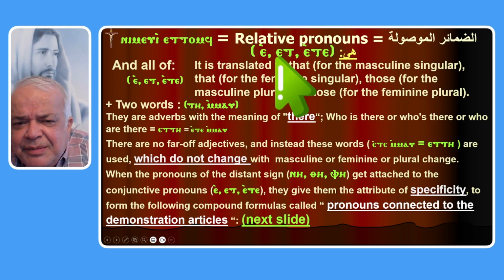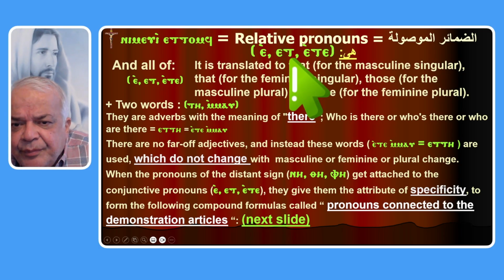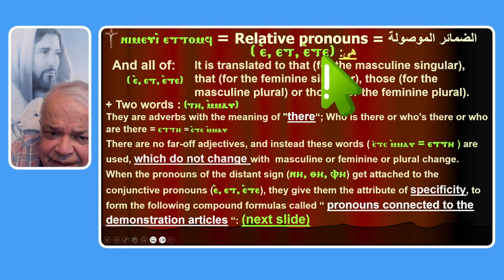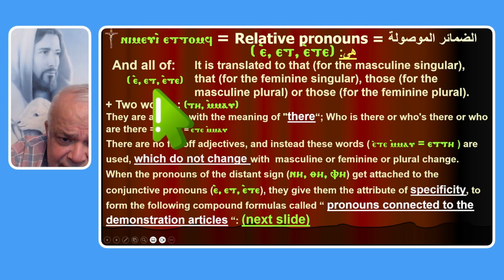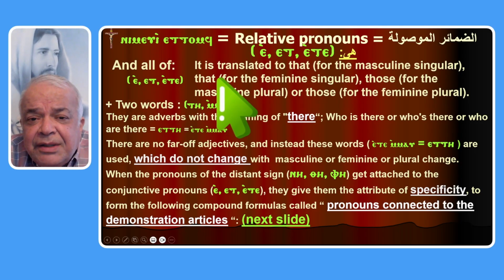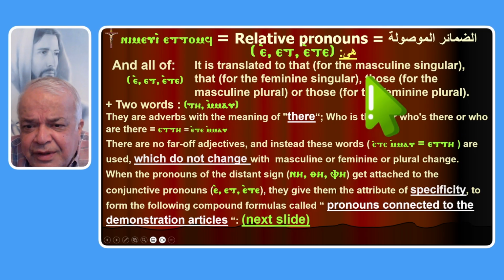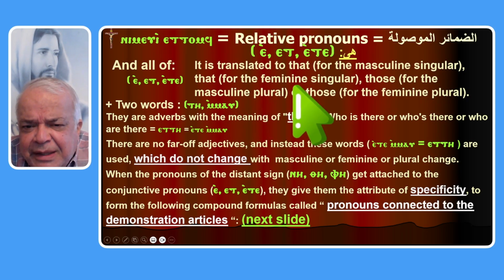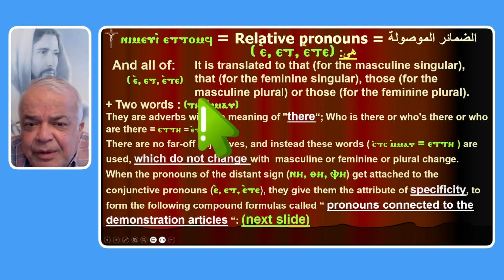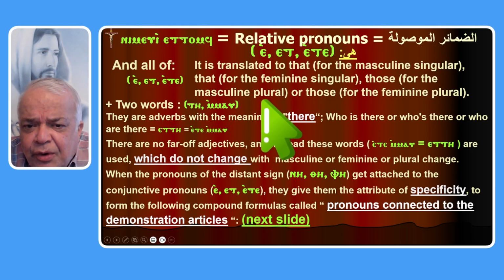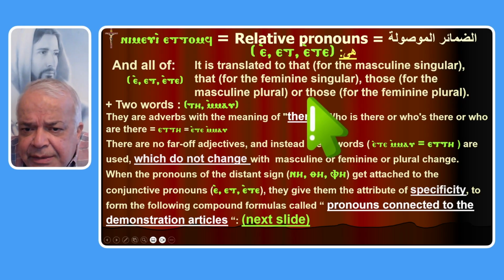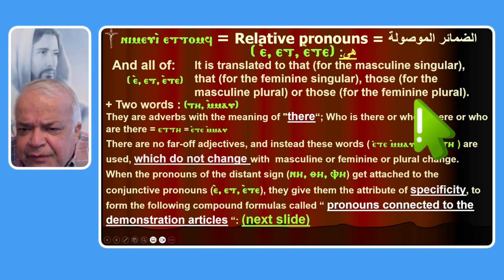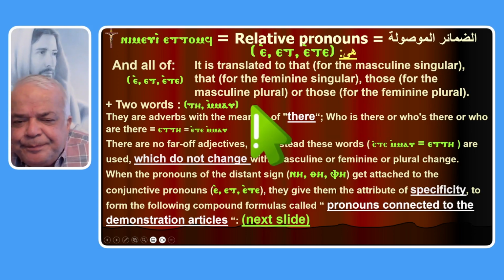A with the jenkem, that's the article of object, and the te part of the et. So either one of these three articles, all the three articles, are translated to that for the masculine singular, that for the feminine singular, those for the masculine plural or feminine plural, and those for the feminine plural, as you see it here.